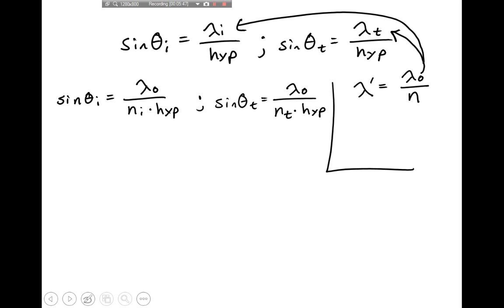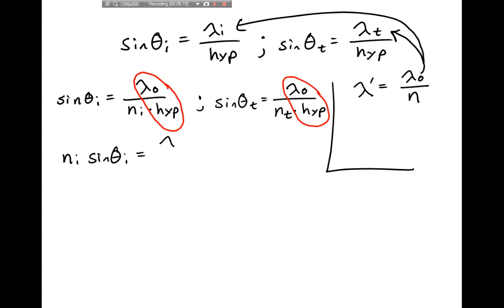And notice that this term right here, let me go ahead and circle this, the wavelength divided by the hypotenuse, is the same for both of these two things. So what I'm going to do is put those on one side of the equal sign and everything else on the other side, and then I can set these two things equal to each other. So if I multiply the index of refraction over to this side of the equation, I have Ni times sine of the angle of incidence is going to be equal to lambda naught divided by the hypotenuse.